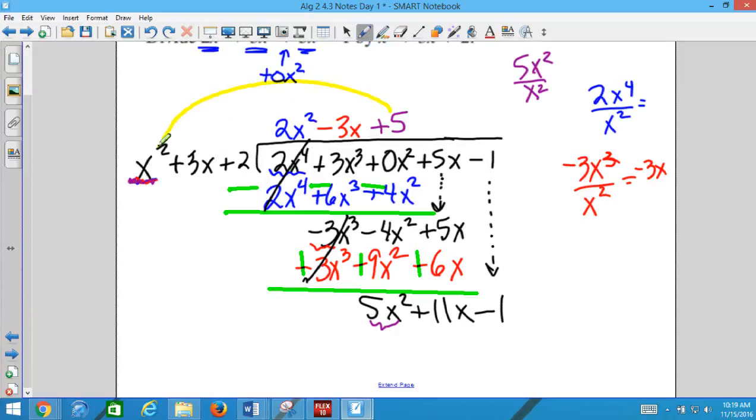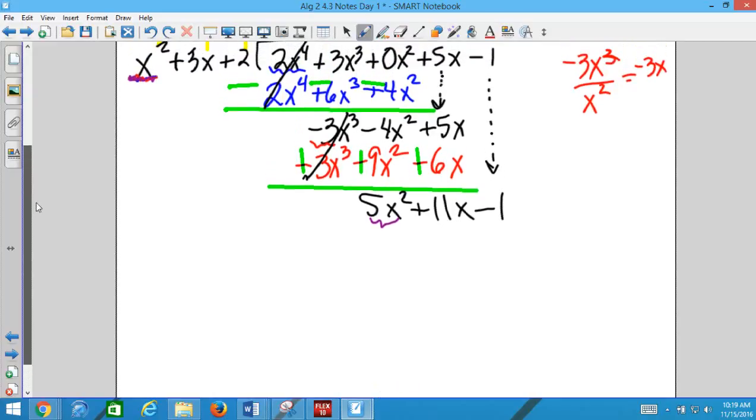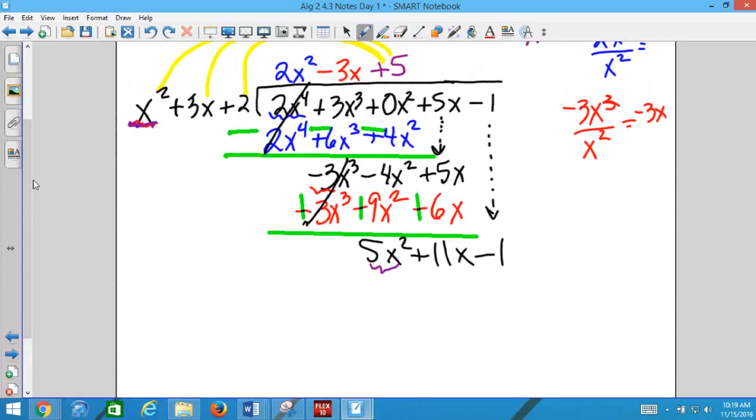Distribute it to all 3 terms. So we're going to distribute 5 times x squared, so 5x squared. 5 times 3x, so that's 15x. And 5 times 2, so 10.